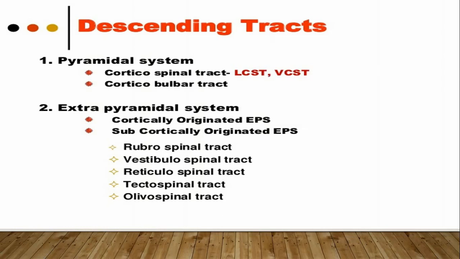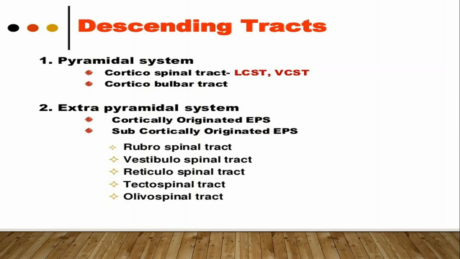Though it is traditional, in the pyramidal system the corticospinal tract has two parts: the lateral corticospinal tract and the ventral corticospinal tract, and there is also the corticobulbar tract. The extrapyramidal tracts originate cortically or subcortically and are subdivided into rubrospinal, vestibulospinal, reticulospinal, tectospinal, and olivospinal.